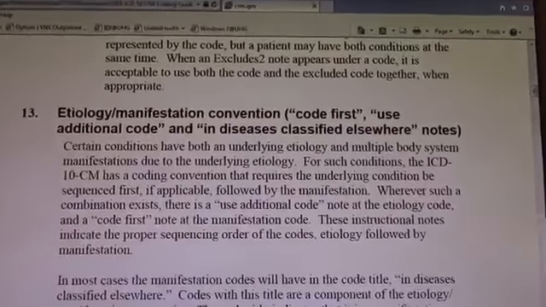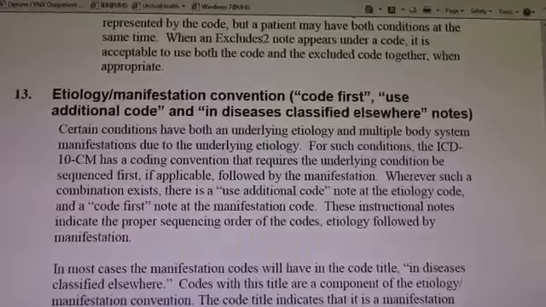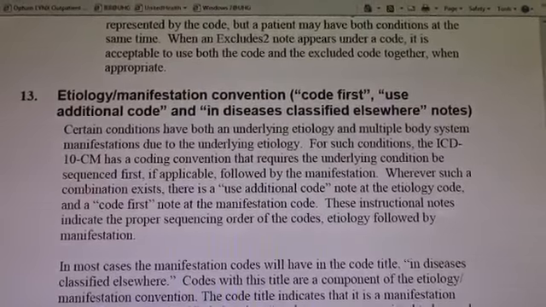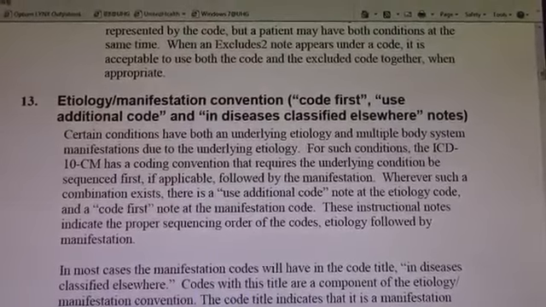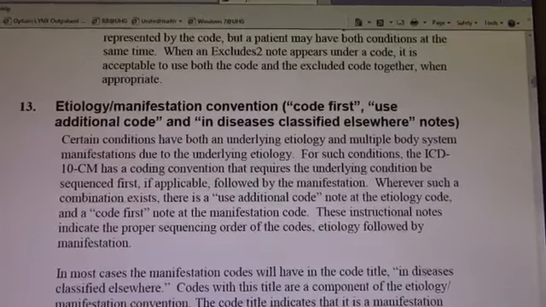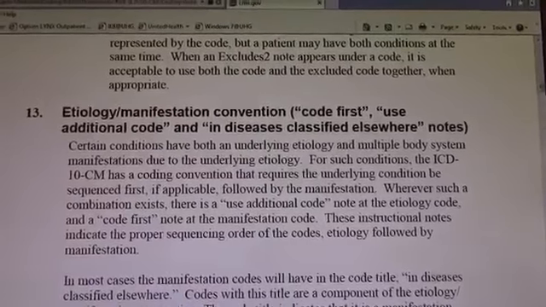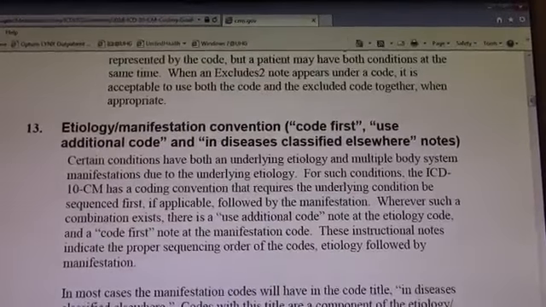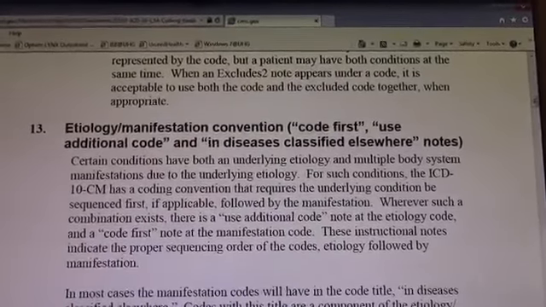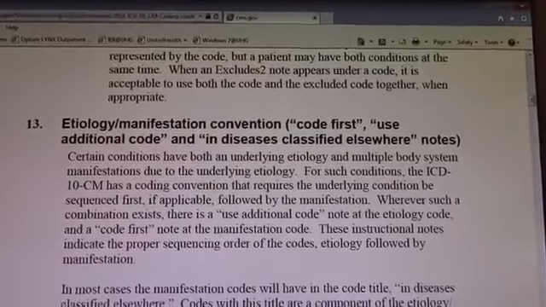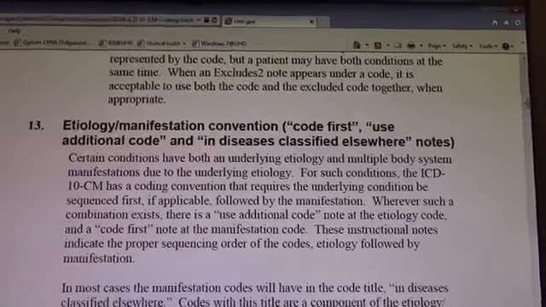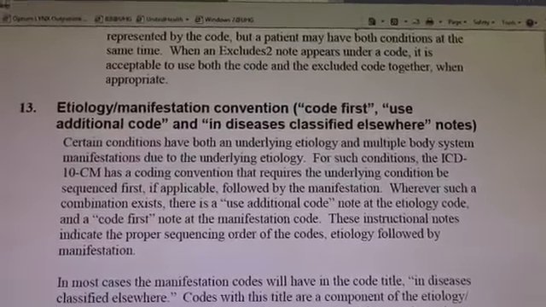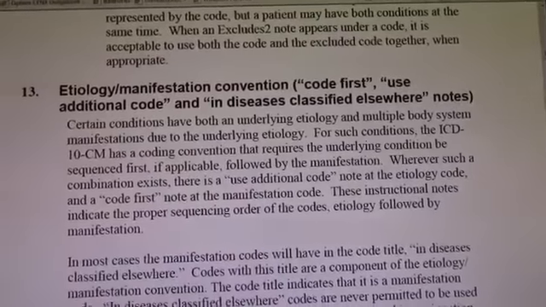So you have to make your coding state that had it not been for the underlying condition, for example, diabetes, then this patient wouldn't have diabetic retinopathy. Make sense? So wherever such a combination exists, there is a note that will tell you, use additional code. Okay? Or code first. And that's an instructional note indicating the proper sequencing order of the codes. And that's where you have your etiology followed by your manifestation. And diabetes is a good example of that kind of condition.